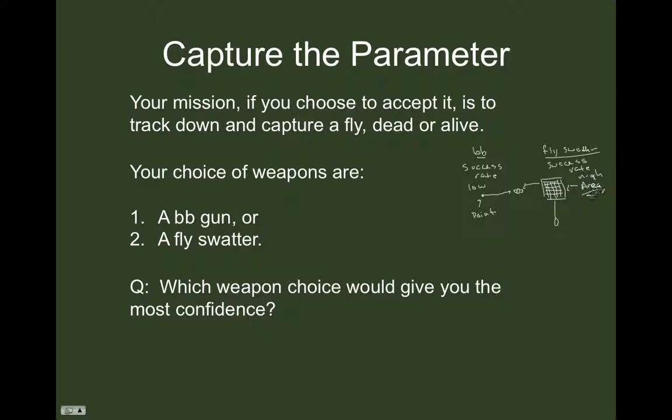So we have this idea of a point, the BB, being much harder to hit a fly with than something that has more area, like a fly swatter. So mathematically, I think we would argue that the choice that would give us the most confidence is a fly swatter.